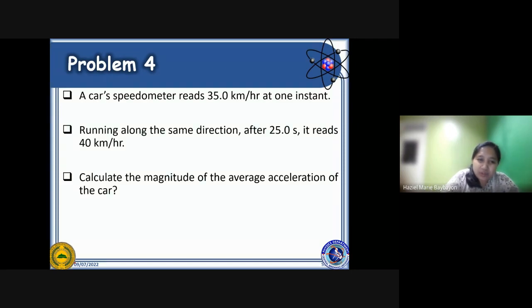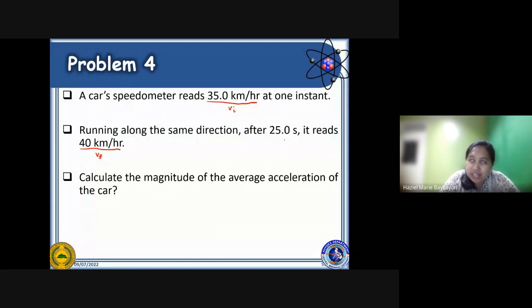Okay, so we are actually given the final velocity and the initial velocity. So this is the final velocity, V sub F, 40 kilometers per hour. And then 35 kilometers per hour is our V sub I, the initial. Okay, and then we are given a time interval.